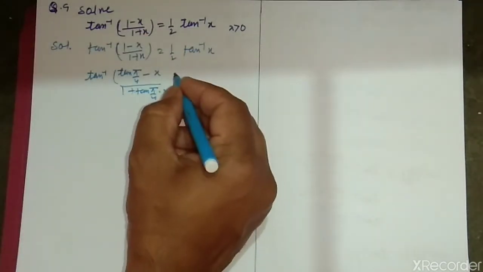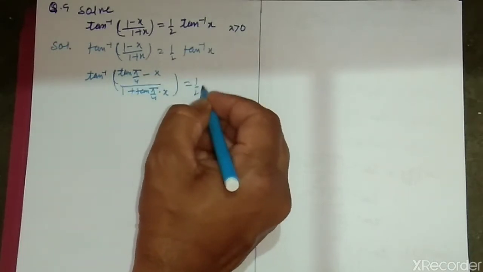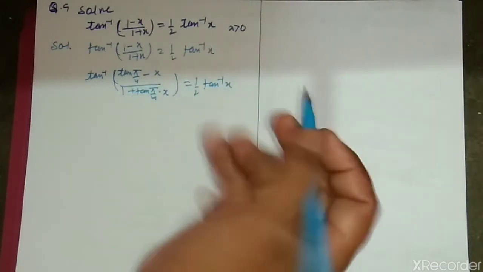Clear? Is equal to 1 upon 2 tan inverse x. It is as it is.